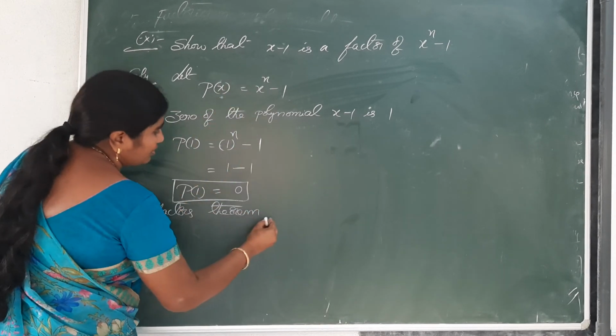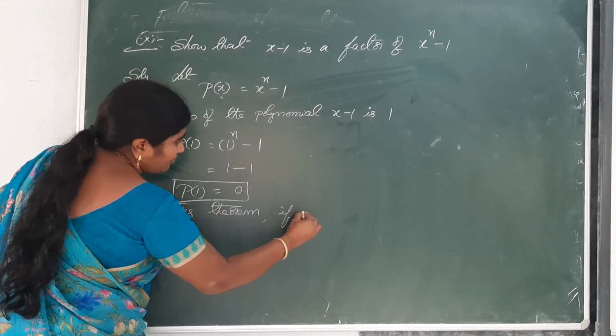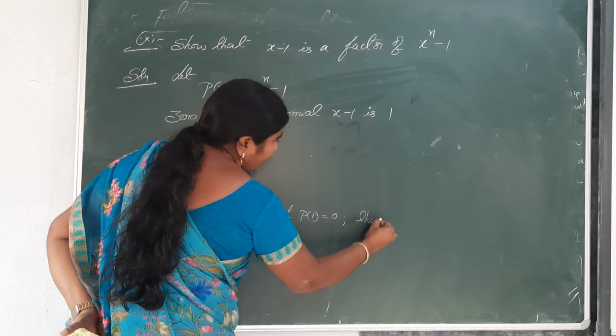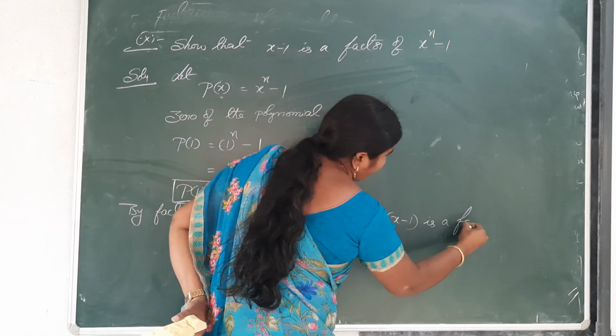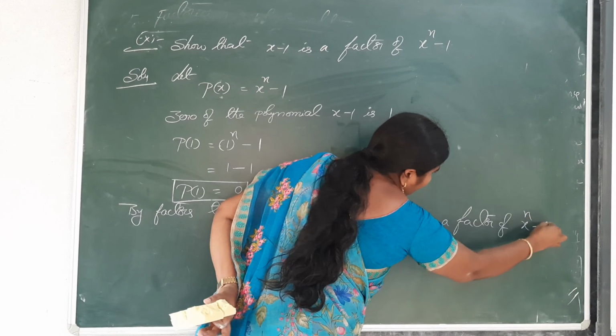By factors theorem, if P of 1 equal to 0, then x minus 1 is a factor of x power n minus 1.